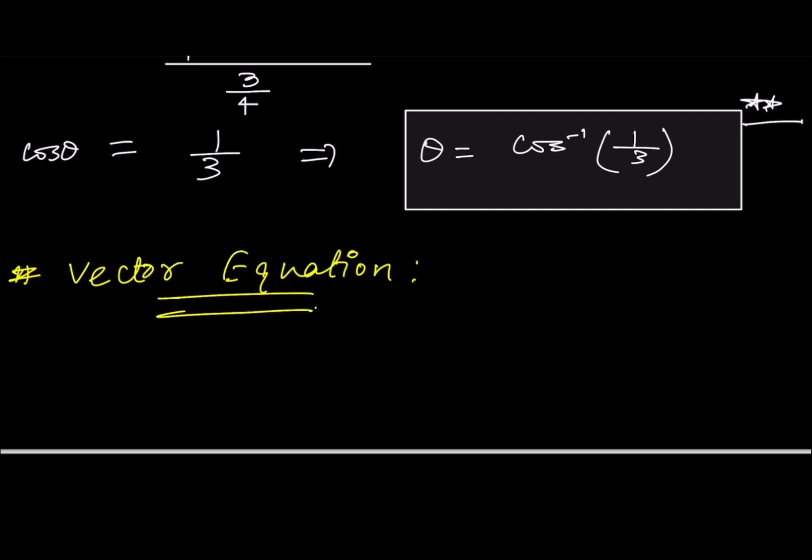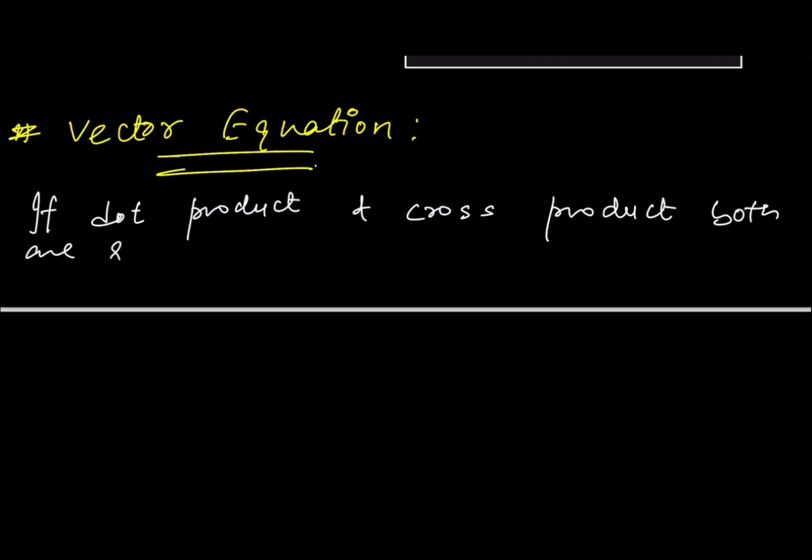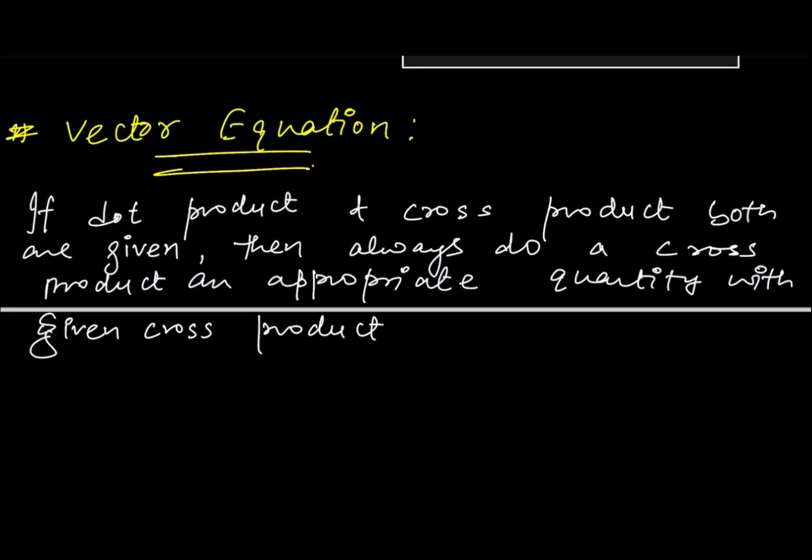In this we will write: if dot product and cross product both are given, always take a cross product with an appropriate quantity with the given cross product, and use the dot product, right?